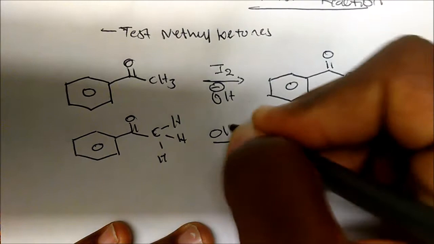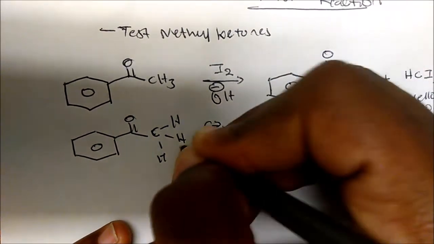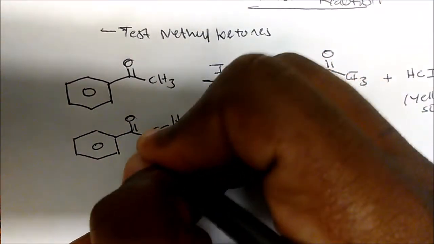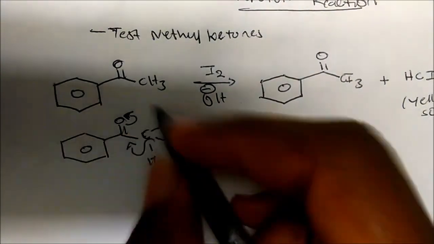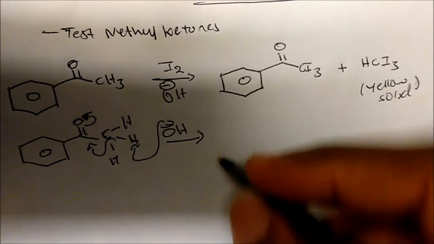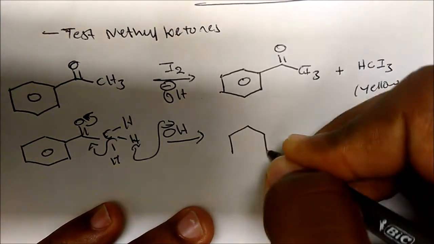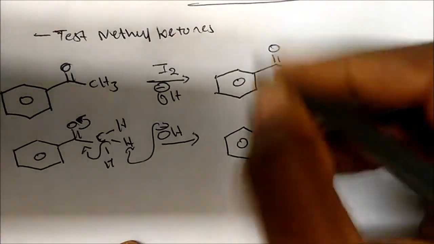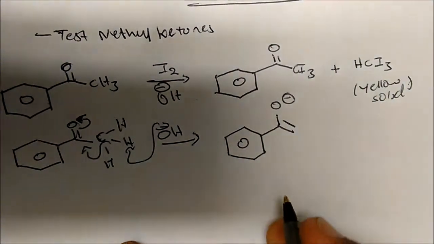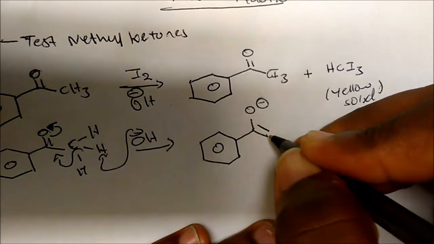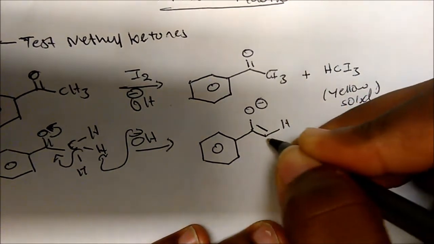Hydroxide will come in, act as a base, take off one of these hydrogens, use the electrons to form a double bond, and kick the electrons onto the oxygen. So we get a structure with a negatively charged oxygen and a carbon-carbon double bond with two hydrogens now.